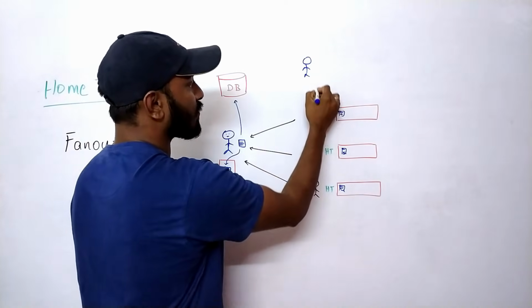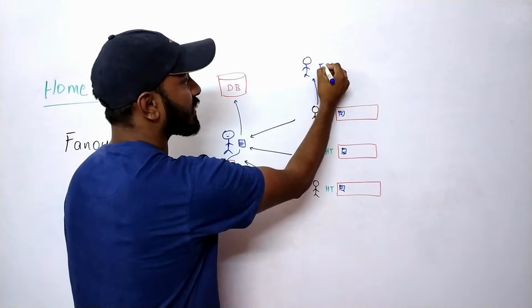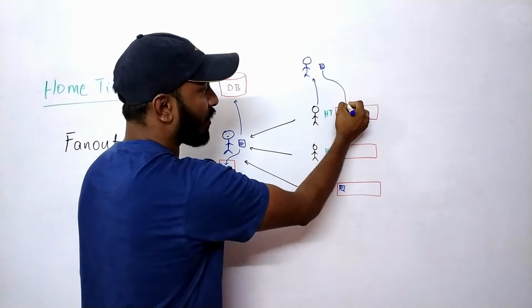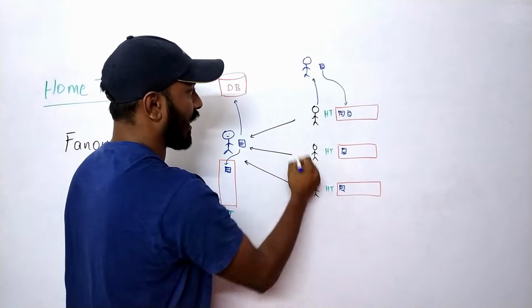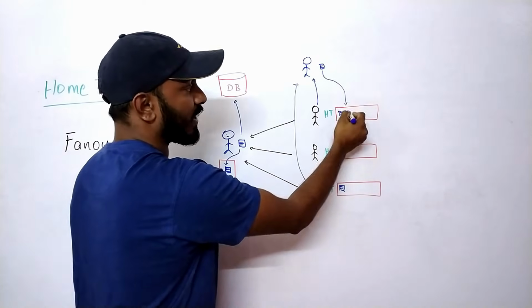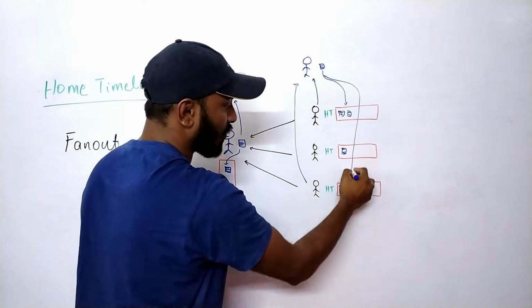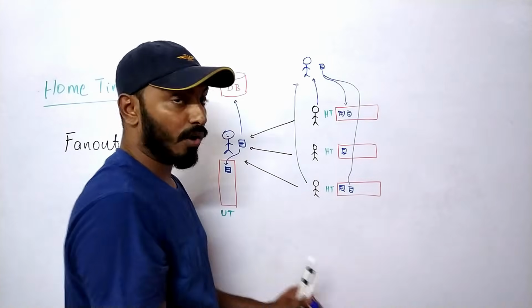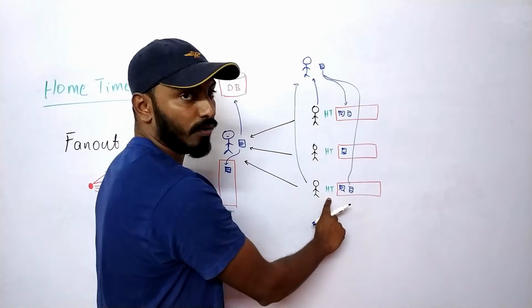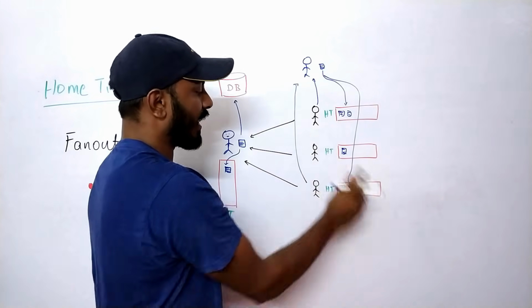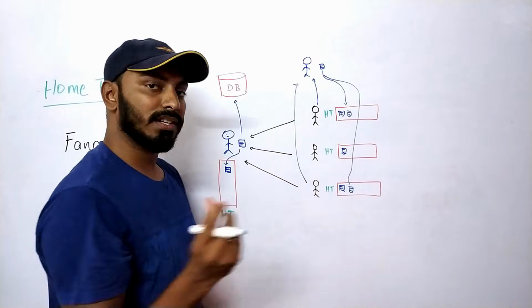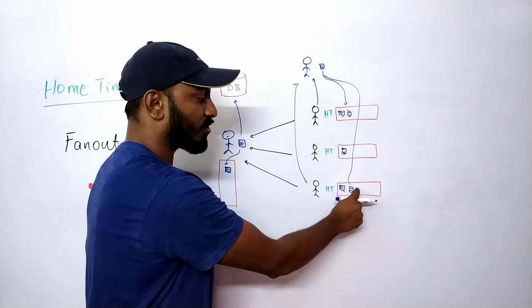If this user is also following another user, whenever that user tweets, the entry will also sit here. Now there are 2 tweets in this home timeline, and here also there are 2 tweets. If this user follows some other page, whenever they tweet, that entry will also be updated here.